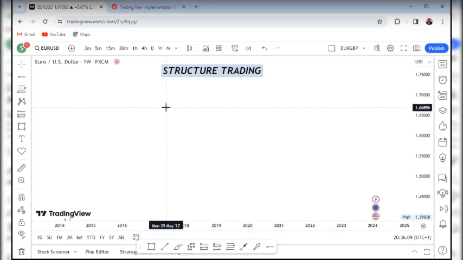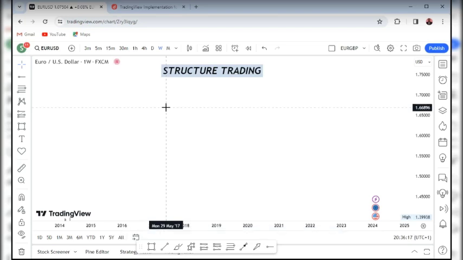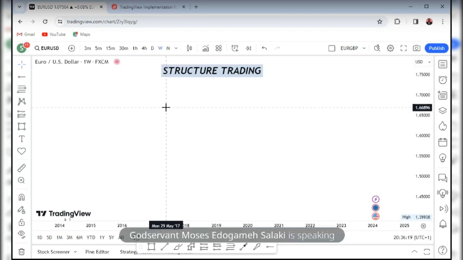By structure, you're able to identify the history of price, what price is doing at the moment, what price has done before. Then you can make a forecast of what price will do.